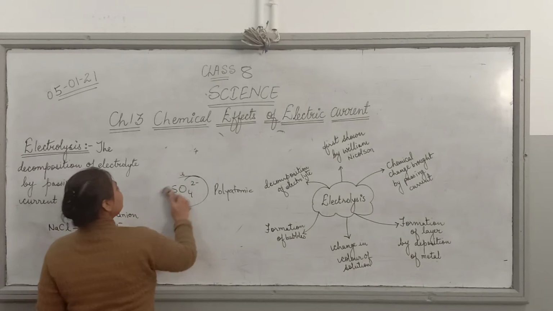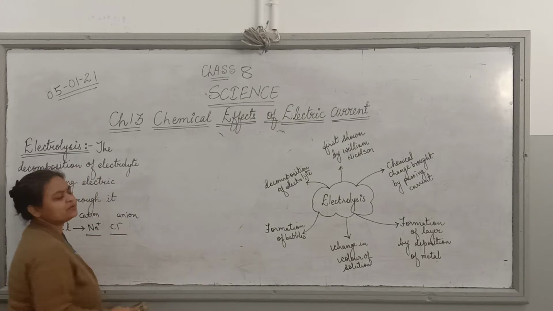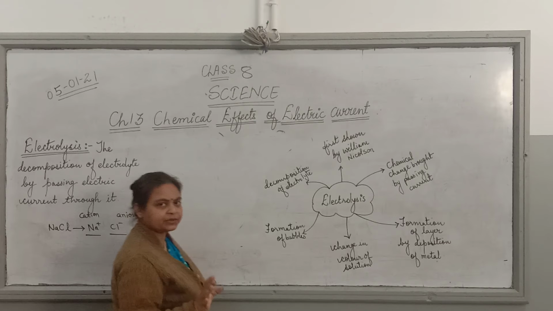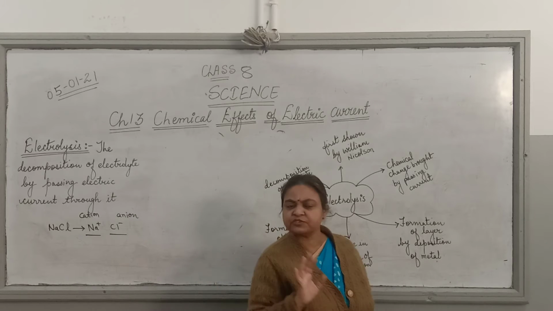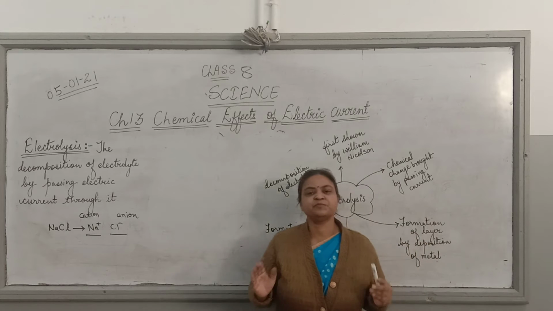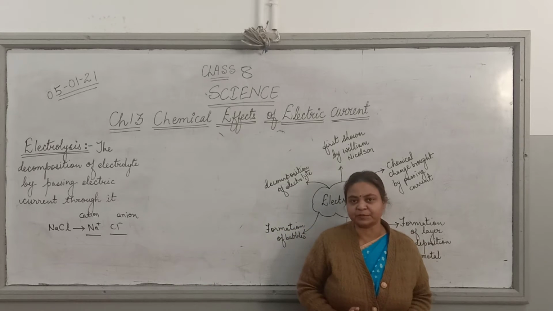Now, what happens when electric current passes through a conducting liquid? We are talking about conducting liquids now, not about those liquids which do not conduct electricity. We are talking about acids, bases, salts, which are good conductors of electricity.